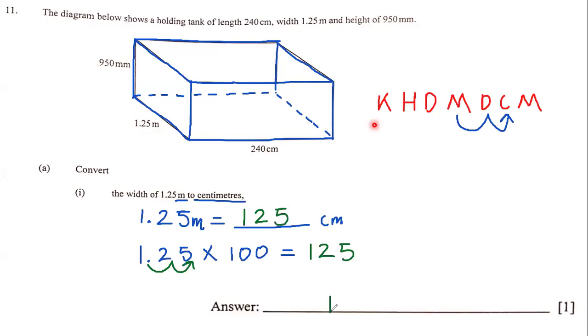So class, 1.25 meters expressed as centimeters is going to be what? 125 centimeters. Very good. Again, 1.25 meters expressed in centimeters is 125 centimeters. And that's what we have here.